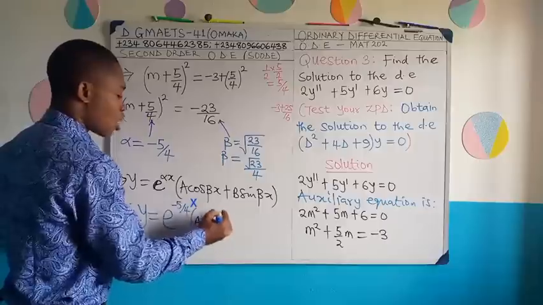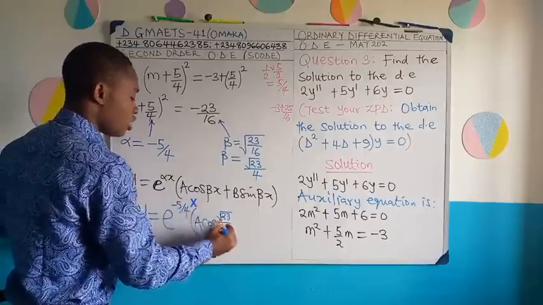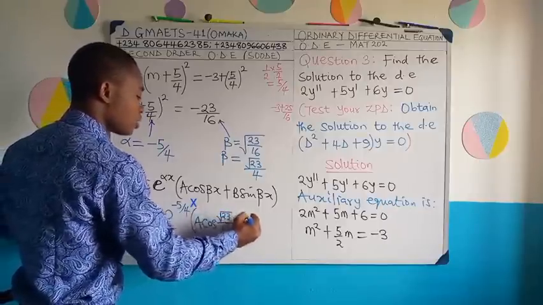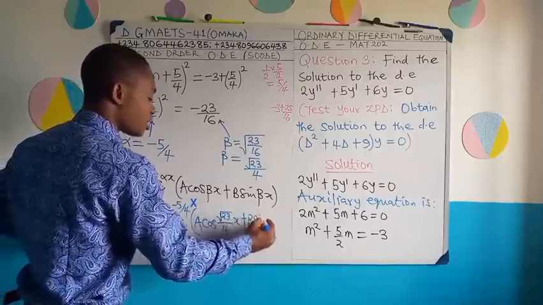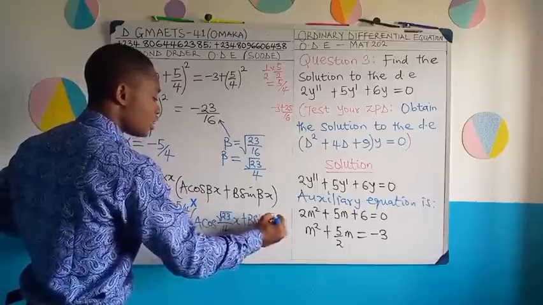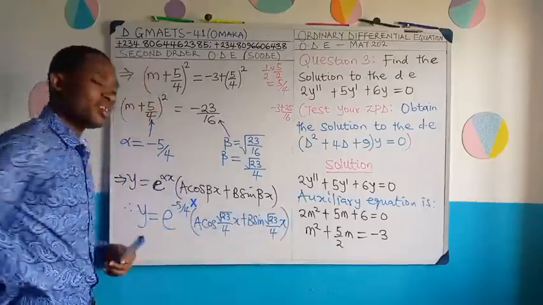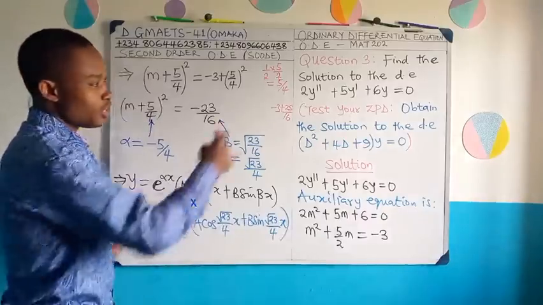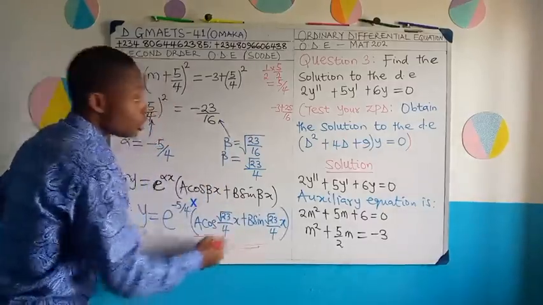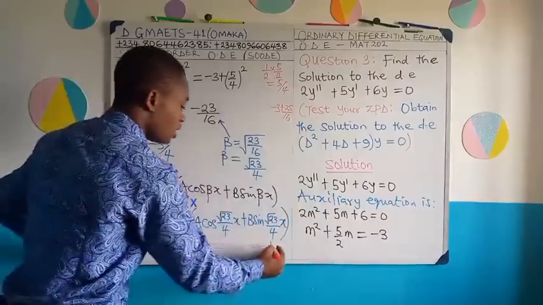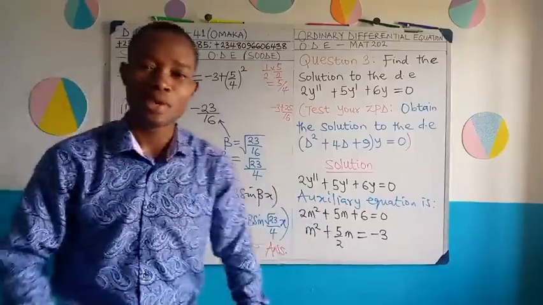Our beta is square root of 23 all over 4 x, then plus b sine beta x. And beta is root 23 over 4 multiplied by x. This, of course, becomes the solution to this homogeneous differential equation. This is the general solution.